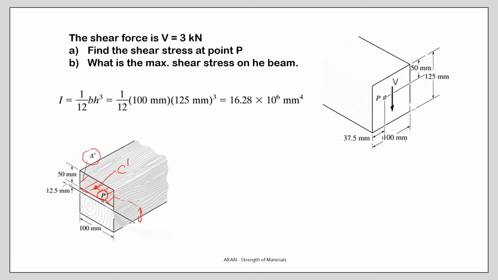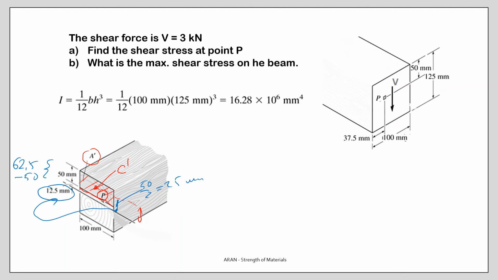So I know that this is 50 over 2, that's 25 millimeters, and I know that this distance is, as you see over here, half of 125 minus 50, which gives you 12.5.